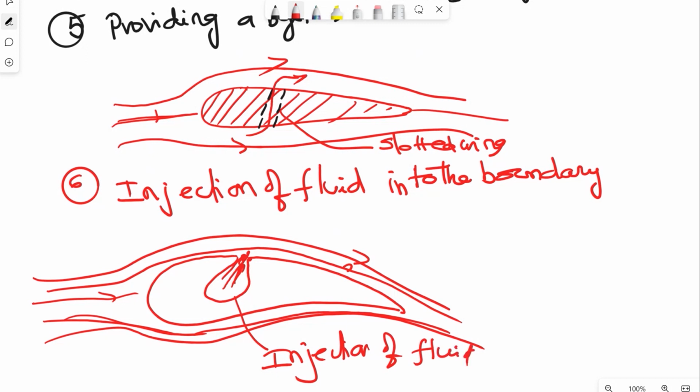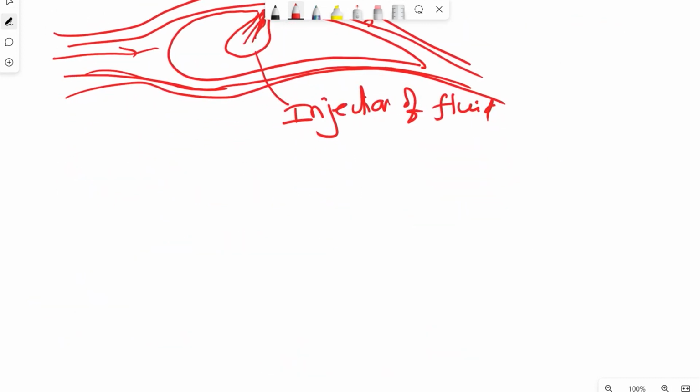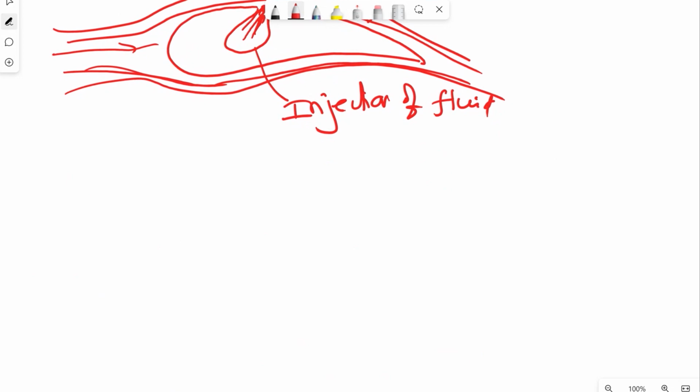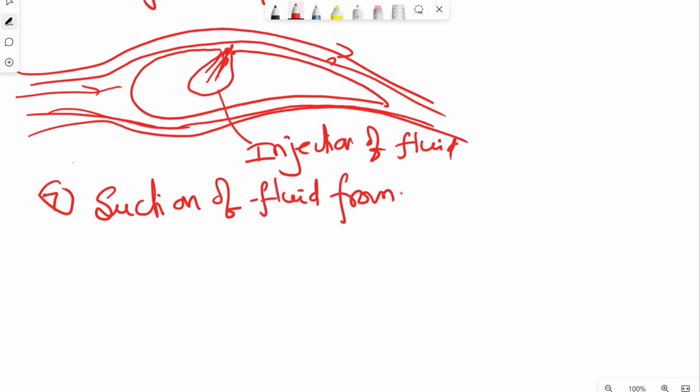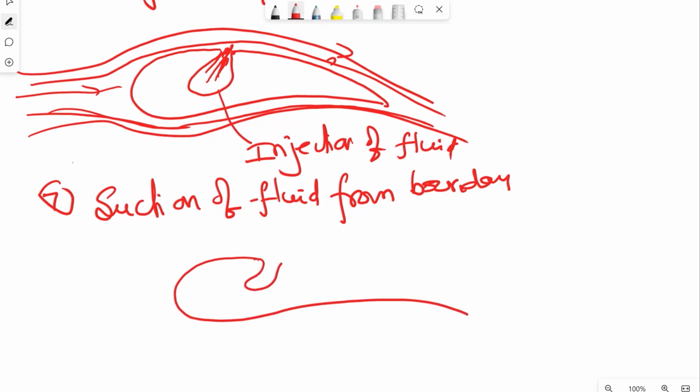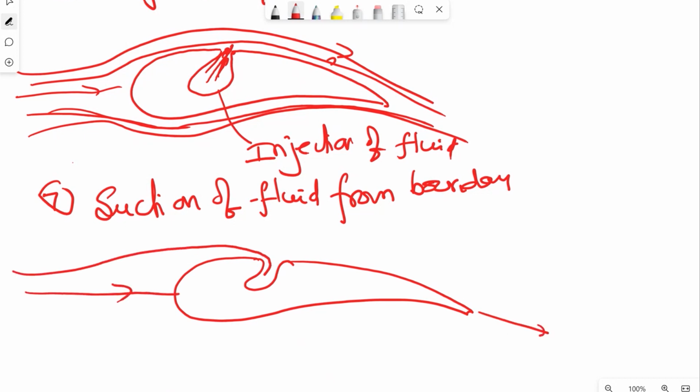This is one method. Then another method is suction of fluid from the boundary. Again, suppose when the flow is taking place, certain flow takes place inside.